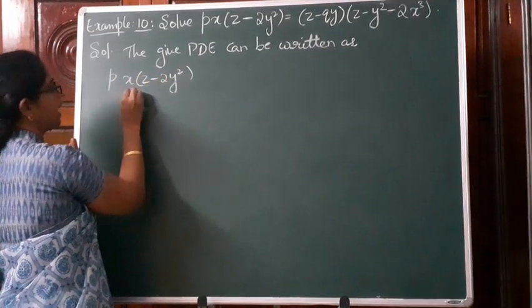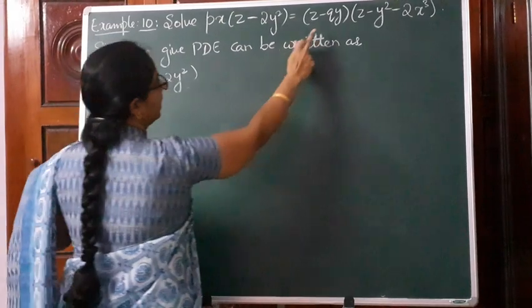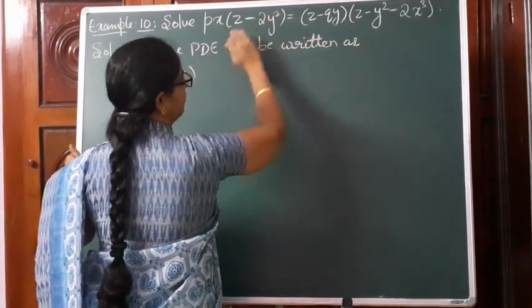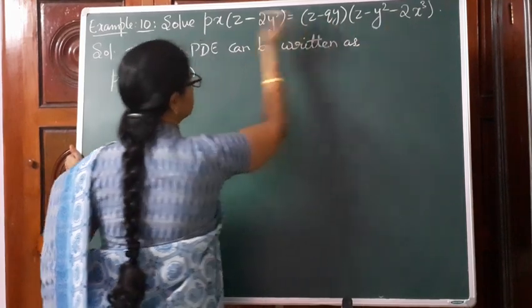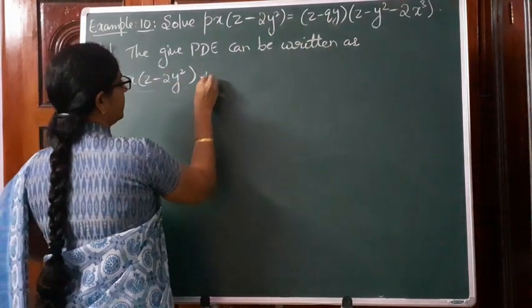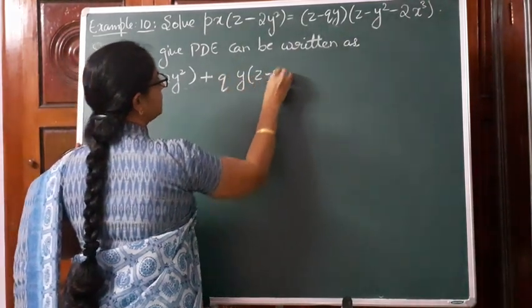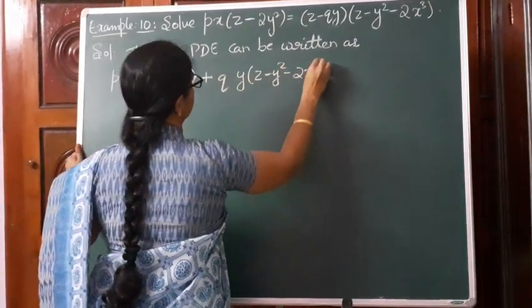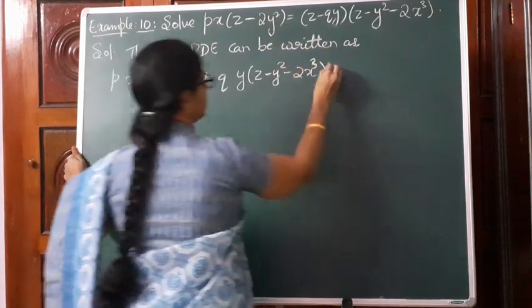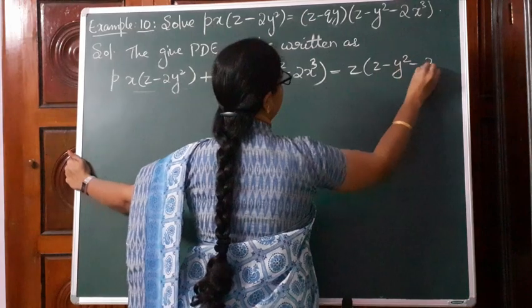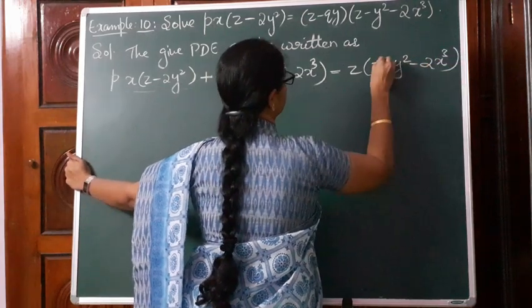We have p into capital P. Okay. And here we have qy into this term that we bring to the left hand side. Minus qy into this term. When it comes to left hand side, it becomes q into y into z minus y square minus 2x cube. And in the right hand side, we are left with z into z minus y square minus 2x cube.